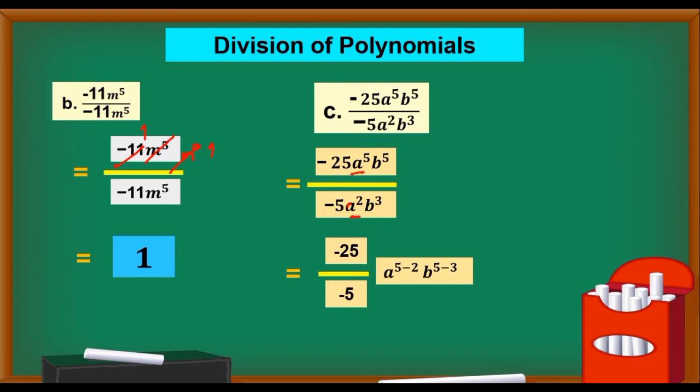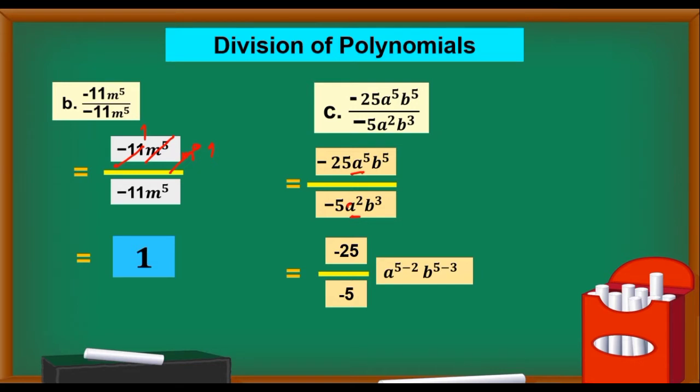And negative 25 divided by negative 5, since parehas na negative, ito po ay magiging positive na. By the rule of the integers, yung division of integers na kapag parehas ng sign, dinivide ay magiging positive. So, magiging 25 divided by 5 is 5.